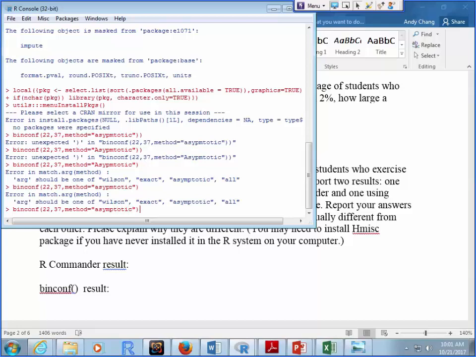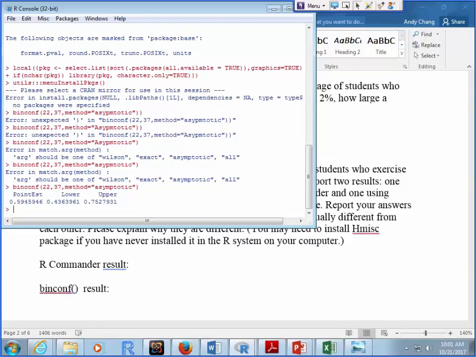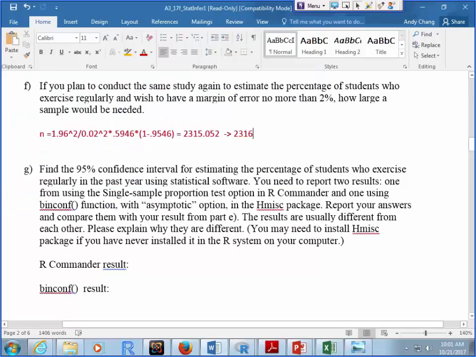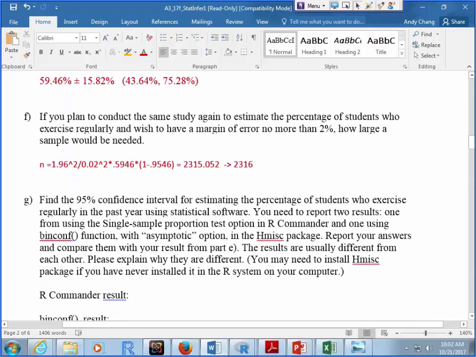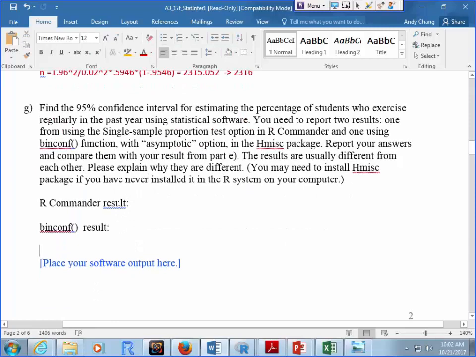That's a problem when you try to do it fast. Okay, so that's the answer: the lower bound, the upper bound, and the point estimate. Questions? So the answer to this will still be the same, exactly the same as this one.